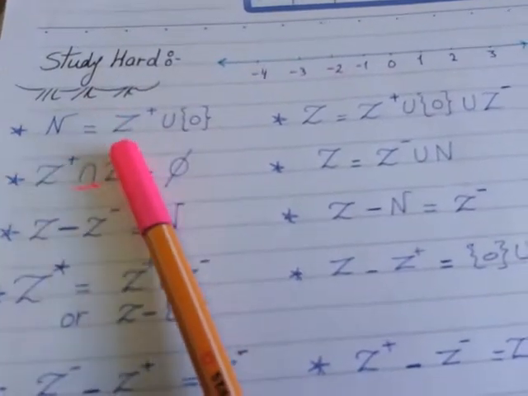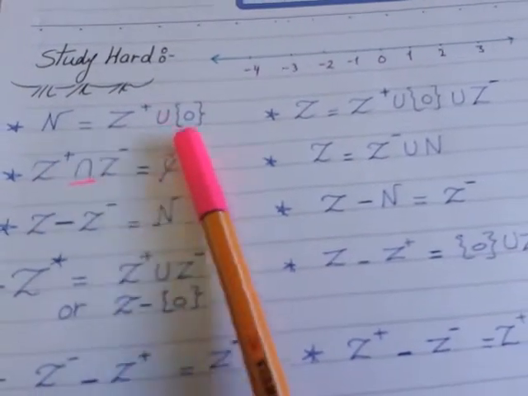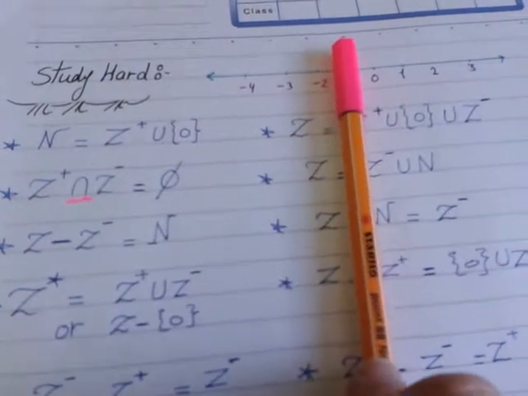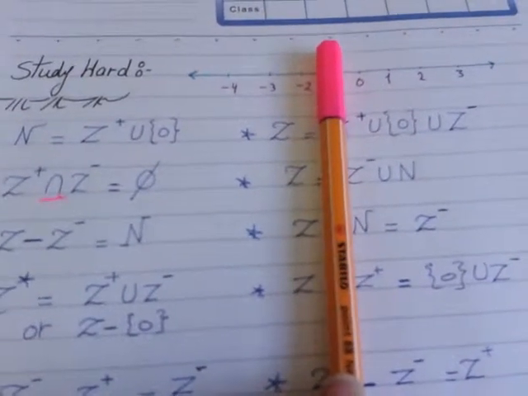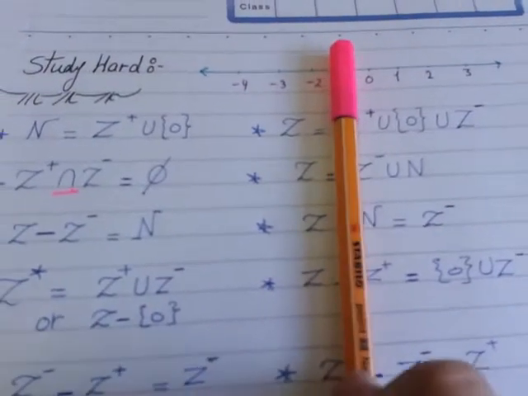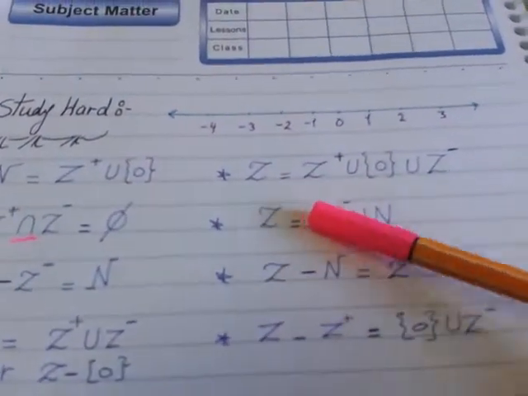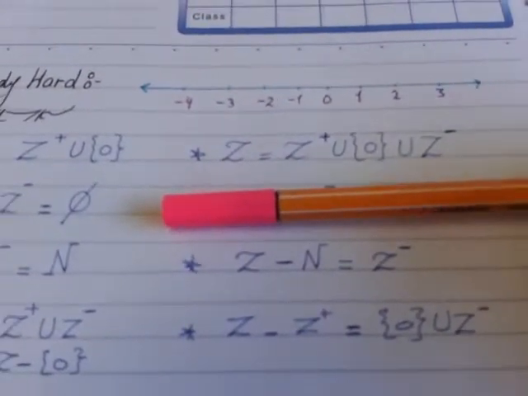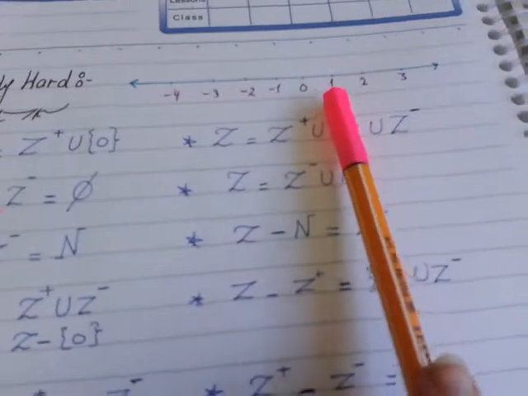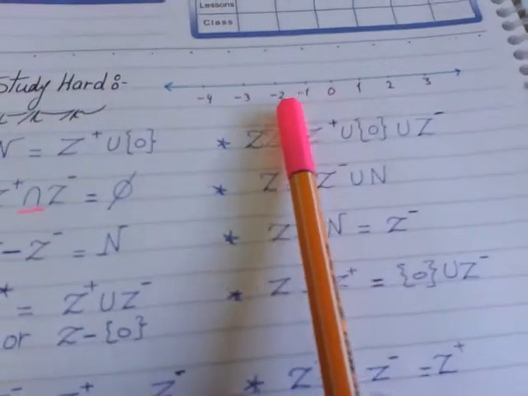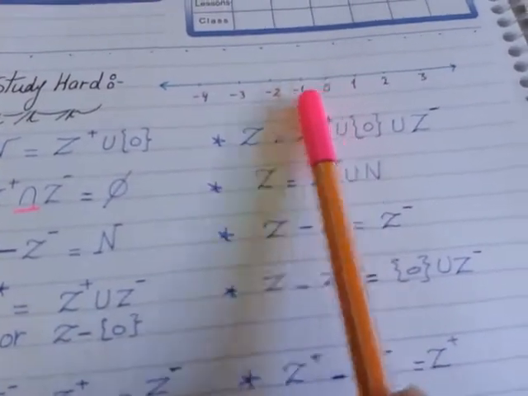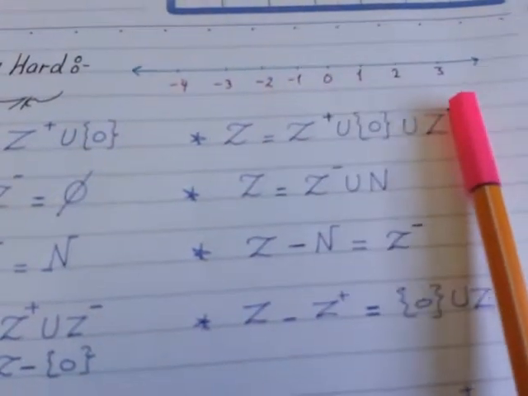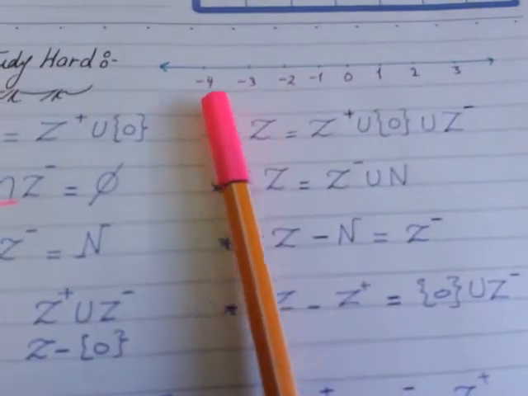Z positive union 0 refers to N. Yes, on the number line, starting from 0, 1, 2, 3, this is the natural numbers. Next, the bigger set Z equals Z positive, the positive part, and Z negative, and 0. So Z equals Z positive union 0 union Z negative.